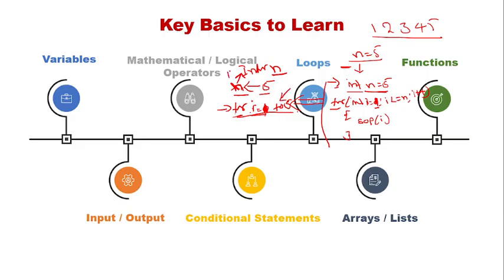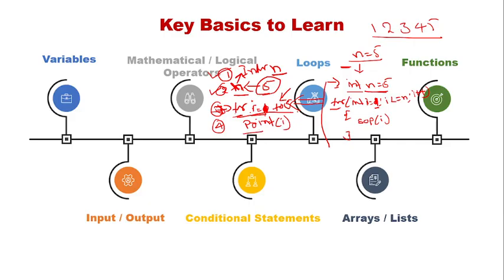So the first line is variable declaration, the second line is assigning the value, the third line is the for loop, and the fourth line is print, not SOP here, print your i values. So the first step is variable declaration, the second step is assigning the values, the third step is any logic you have, like a for loop or while loop, and the fourth step is what you want to do.